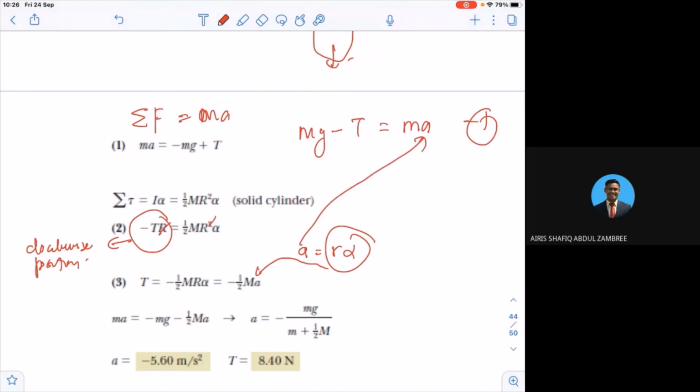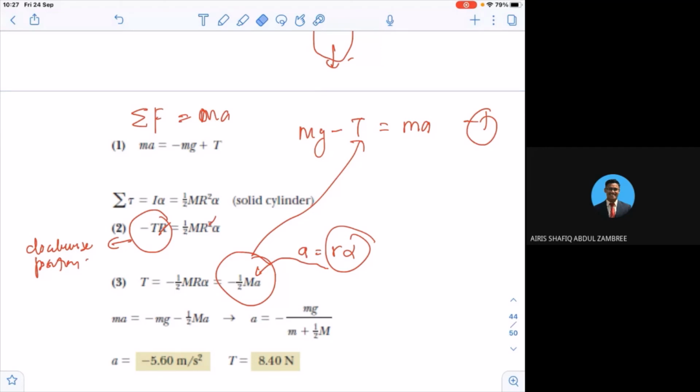Okay, and then you can replace T with this value, because we want to find a. We replace T with the negative half ma into this value.